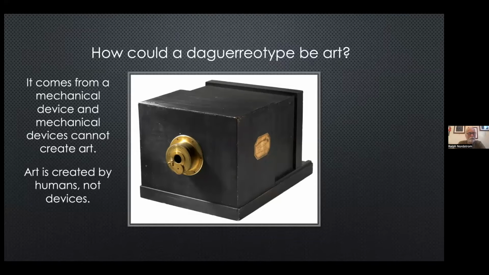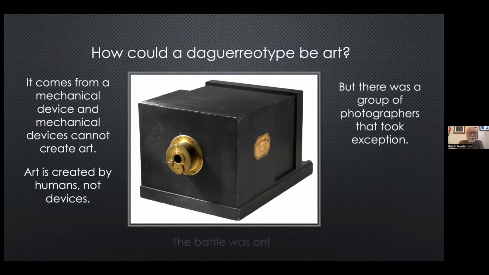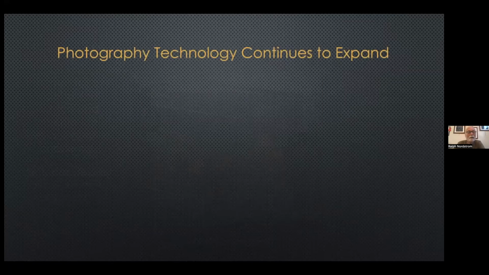Only humans can create art, and preferably humans with brushes and paint and stuff like that. So that was their argument to try to dissuade people: you don't want a portrait by a daguerreotype, you want art. Well, then there's a group of photographers in Europe that took issue with that and said, you know what? We can make art with a camera, and we'll just show you we can do that.